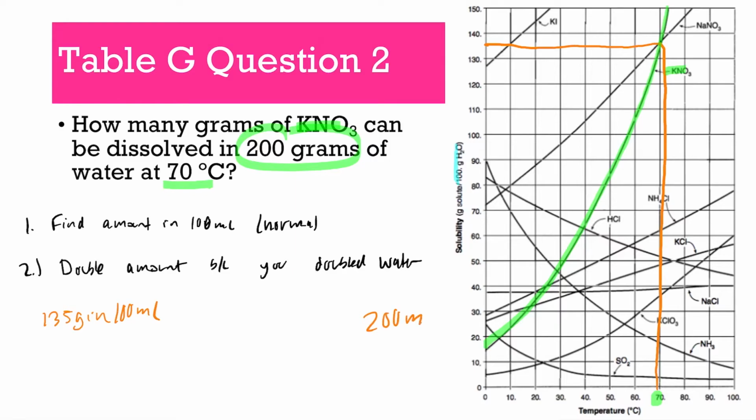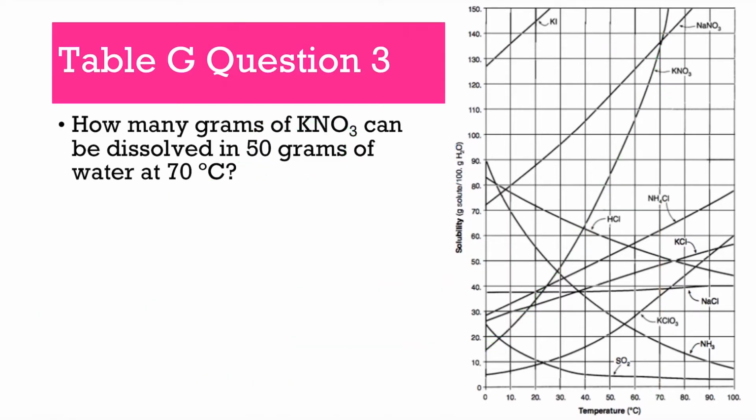And if we're doubling the water, so we have 200 mils, we can double that. So 135 times 2 is 270. 270 grams in 200 milliliters. So again, if you're doubling the water, you have to find what it is first on the graph and then double it. That's one way the questions can trick you on this.